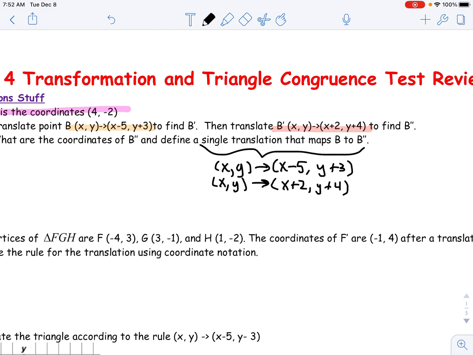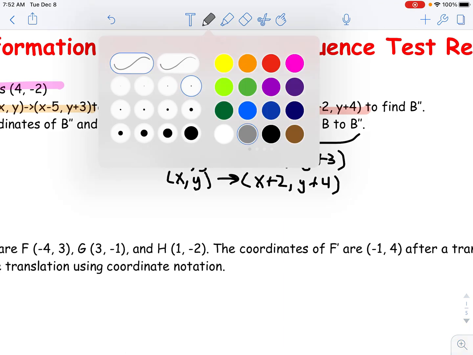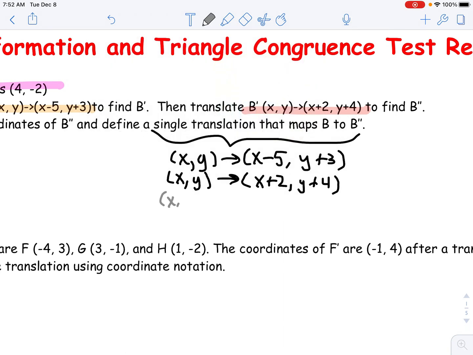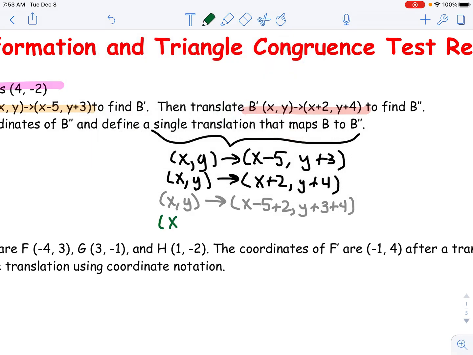All right, so remember, this is just sliding, this is just counting. So I can take both of these and combine them into one. Instead of going left 5 then right 2, and instead of saying going up 3 then up another 4, I'm going to bash these together and get this golden rule right here, (x, y) arrow.